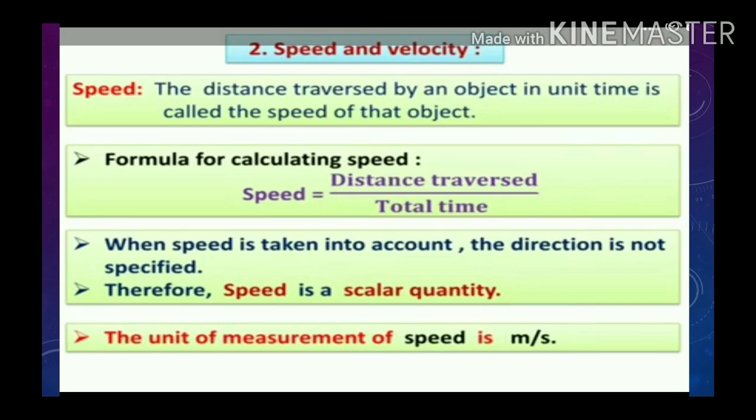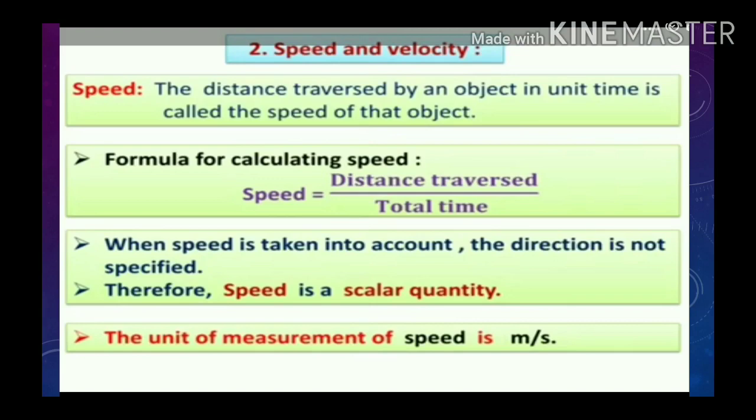Now take one example, children. Suppose a car covers a distance of 100 km in 2 hours. Calculate the speed. I will explain how we calculate. Listen. Speed is equal to distance traversed upon total time.